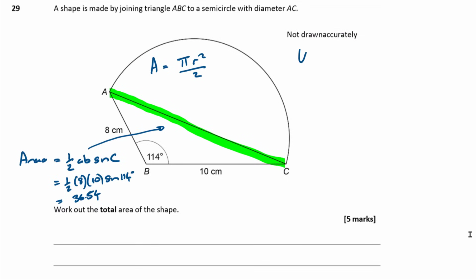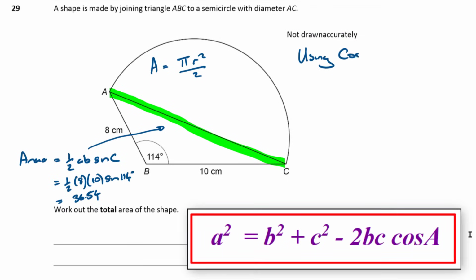So using the cosine rule, which states that we want b, don't we? This is side b. We label up the sides opposite the angles. So this is going to be side a, and this is going to be side c. So we want b, and so the cosine rule says b squared equals the other two things squared, a squared plus c squared, minus 2 lots of the other two things multiplied together, multiplied by the cosine of your angle.